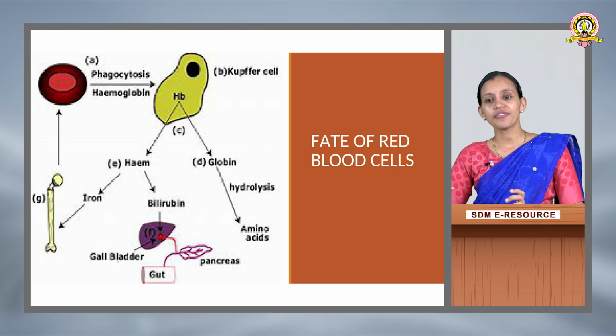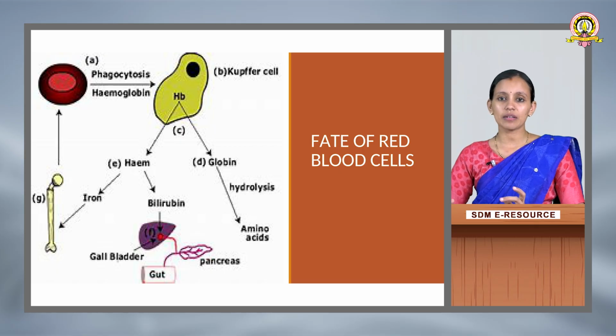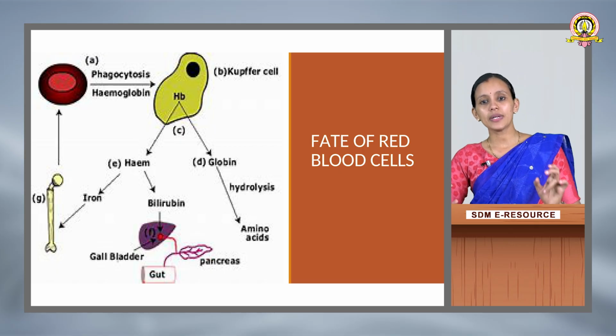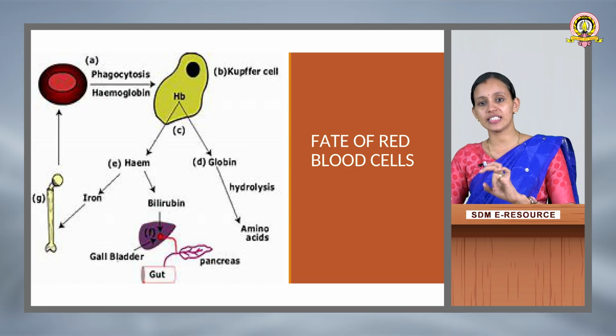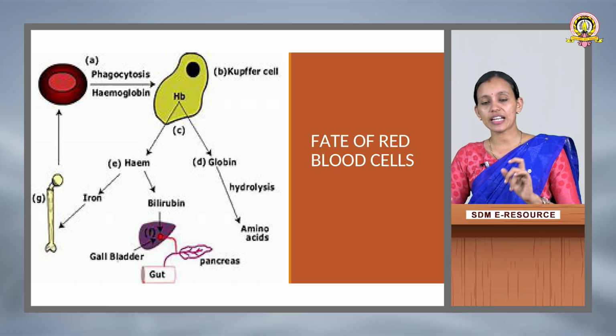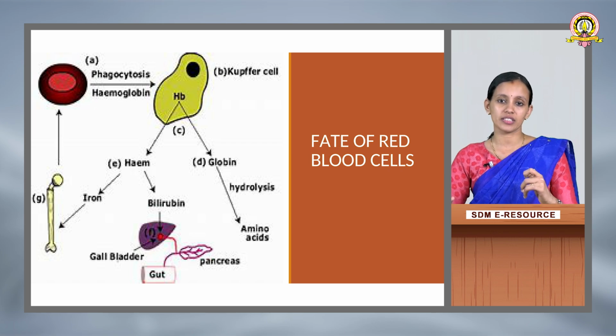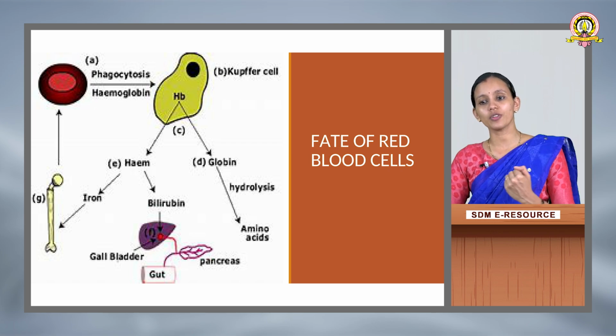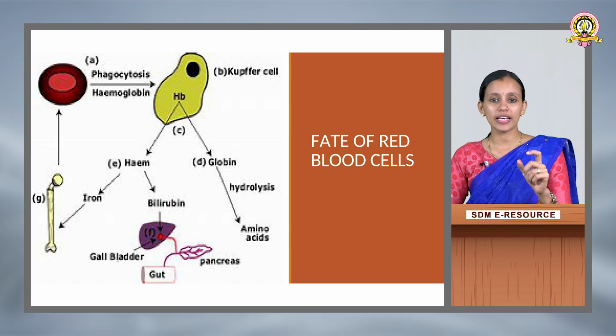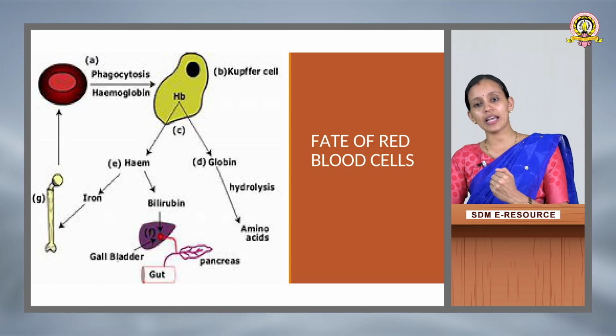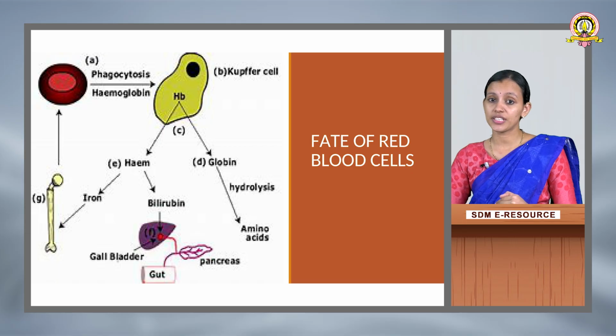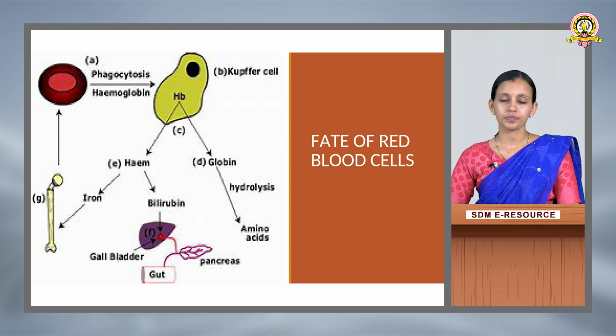RBCs pass through capillaries very easily because of their diameter, but the diameter of splenic capillaries is very small. So when the RBCs pass through the splenic capillaries, they easily get ruptured and fragmented. That is why we call the spleen the graveyard of RBCs.